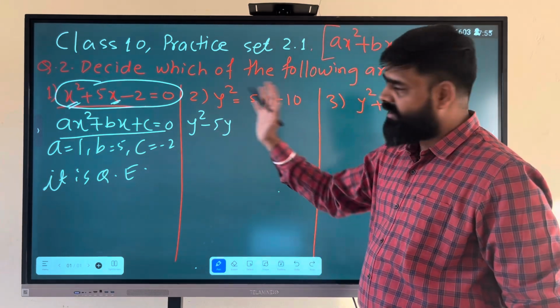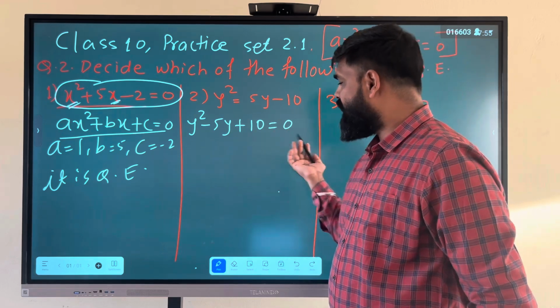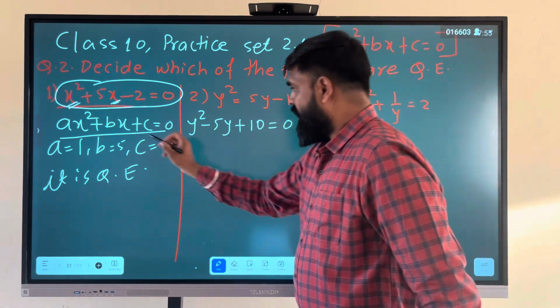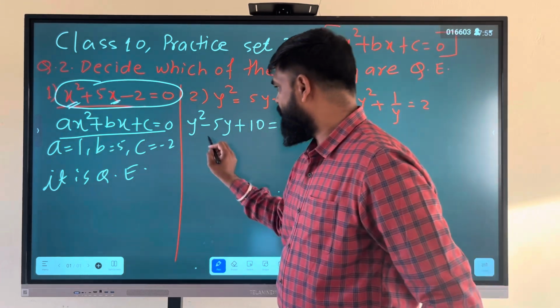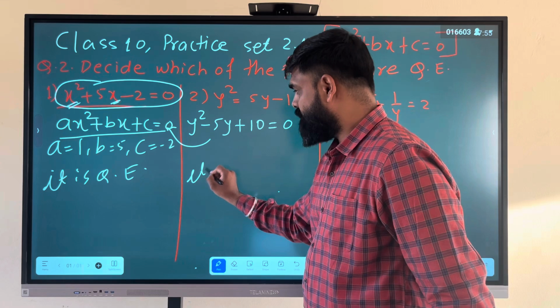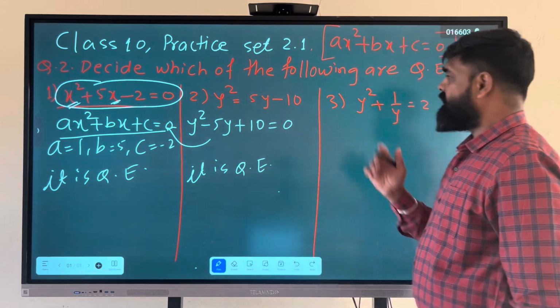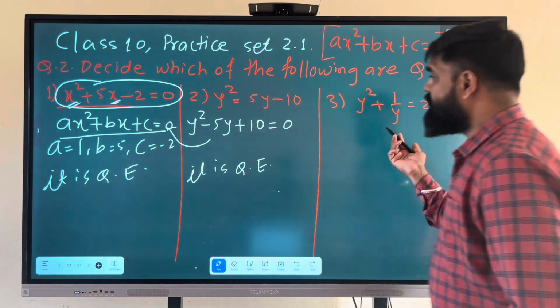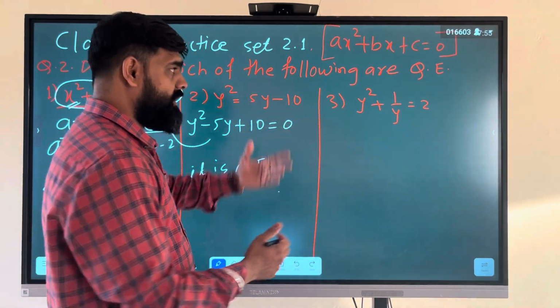This minus 10 will become plus 10 and is equal to 0. Now we can easily see that this is in the quadratic equation format. So it is a quadratic equation.